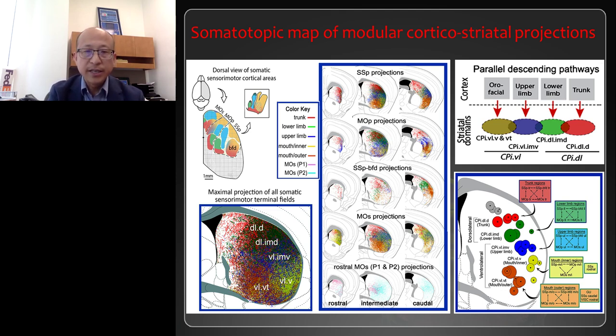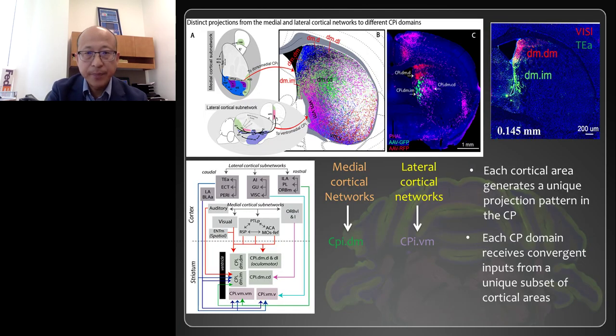Put together, they form this kind of upside down homunculus projection pattern. And then the medial cortical networks, these different cortical areas, project mostly to the dorsal medial striatum. Cortical areas within the lateral subnetworks project to the ventral medial side of the striatum.